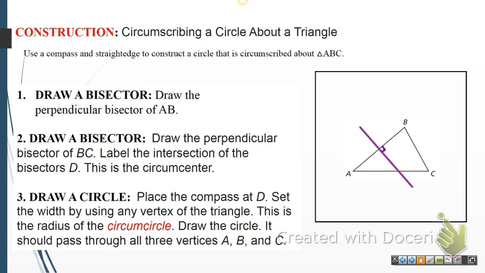There's the perpendicular bisector of AB. Then I want to draw the perpendicular bisector of BC. Again, I would be using my compass to do this. There's the perpendicular bisector of BC. And that makes this point right here the circumcenter.